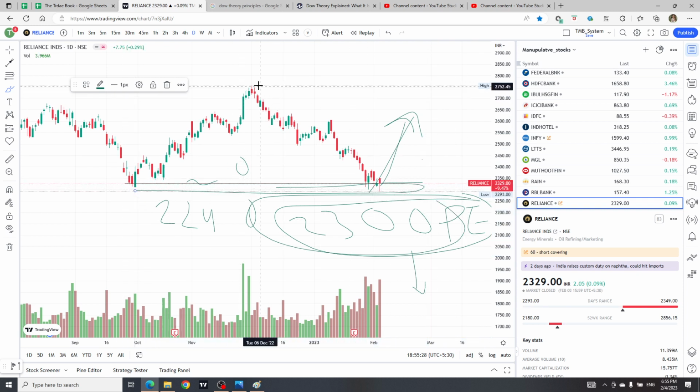Whereas in the case of a resistance level, people will have fear. That is where the stock fall might be very quick. Here also you can trade the reversals, but it will be an intraday, very quick trade that we have to capture. Otherwise you can go for the sell side.